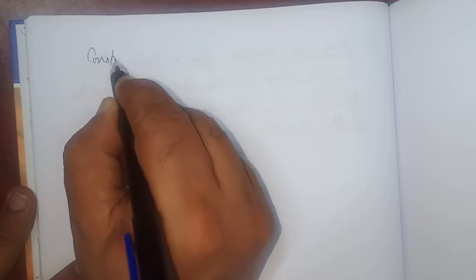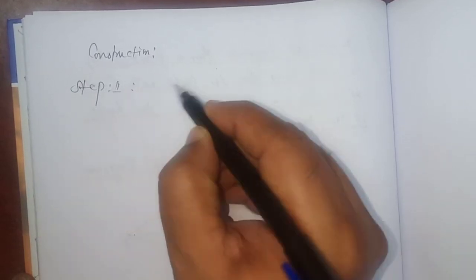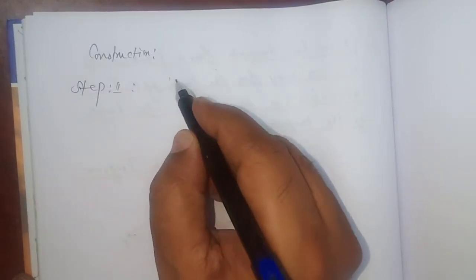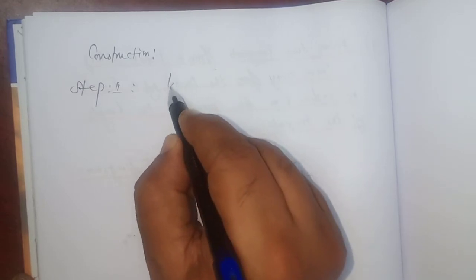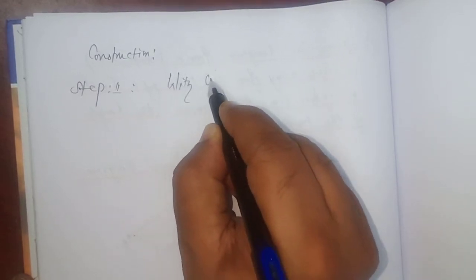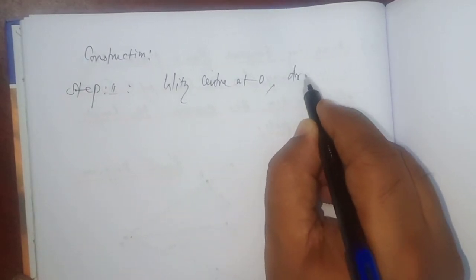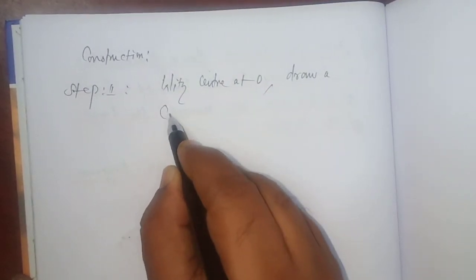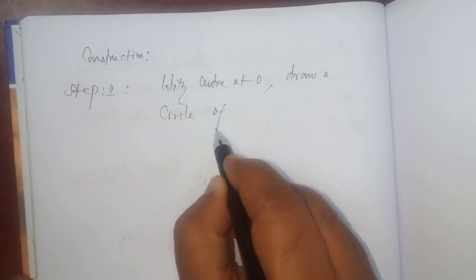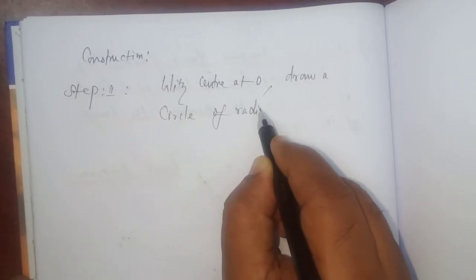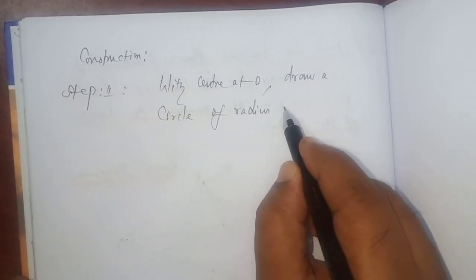Construction. Step number 1. With center at O, draw a circle of radius 5 centimeter.